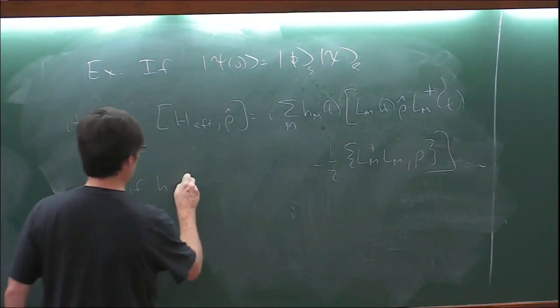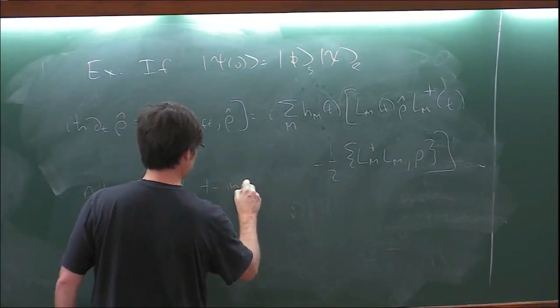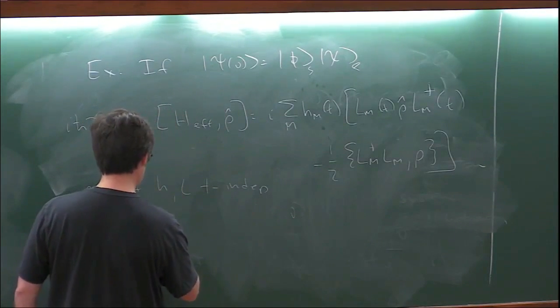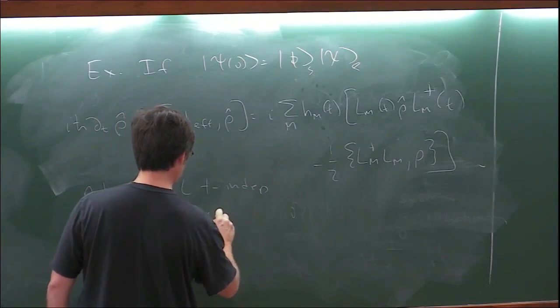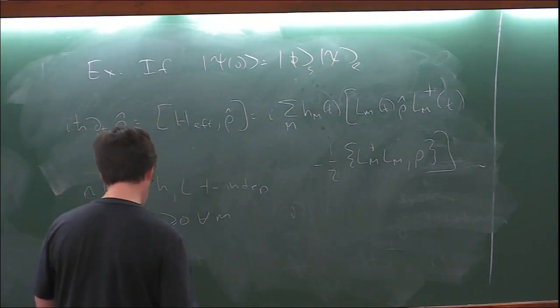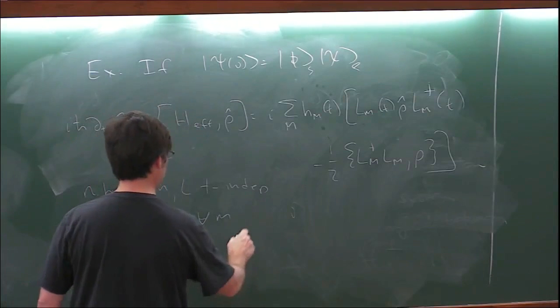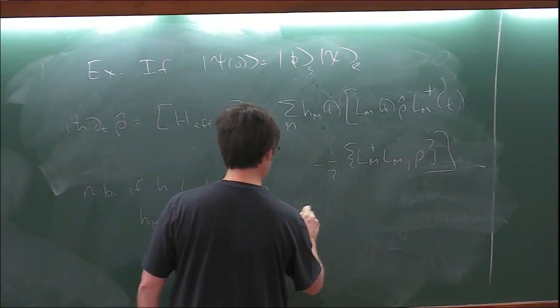If H and L are time independent, and HM are greater than or equal to 0 for all M, then this is what's known as the Kossakowski-Lindblad equation.